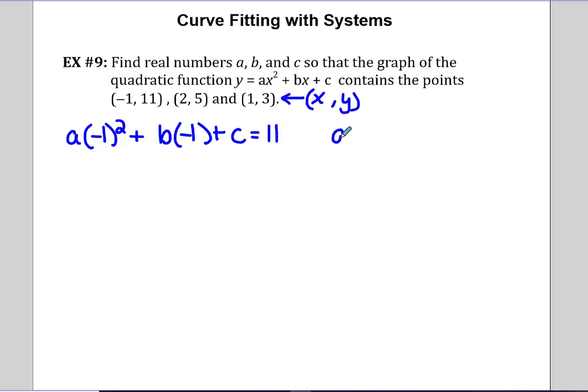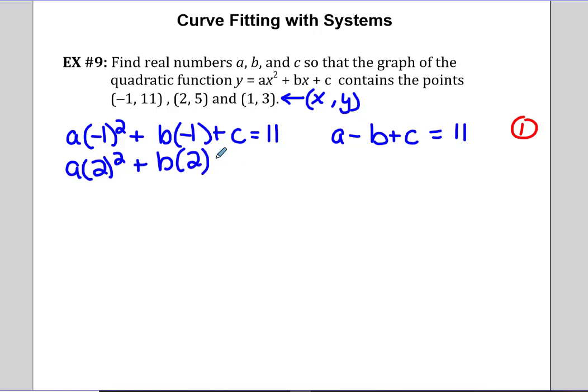And that gave me a minus b plus c equals 11. So that's my first equation. Now the second equation, we're going to repeat that. A times the x value squared plus b times the x value plus c has to equal 5. So our second equation was 4a plus 2b plus c equals 5. So that's equation 2.